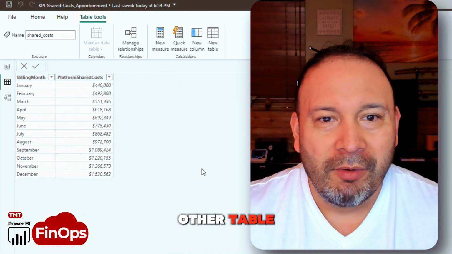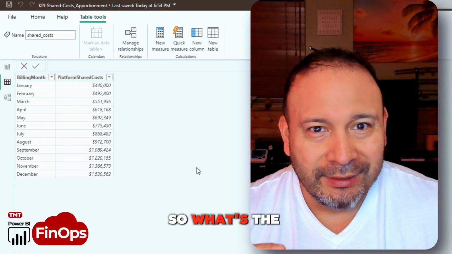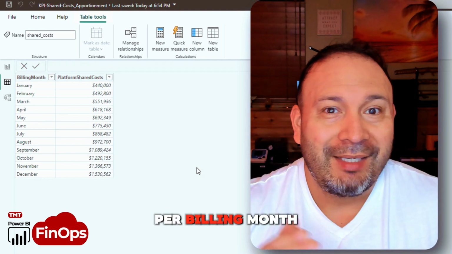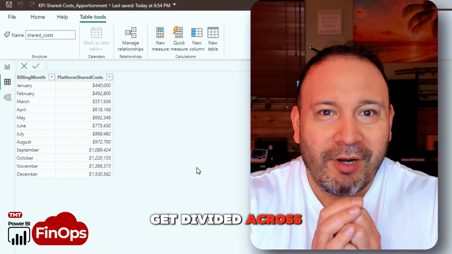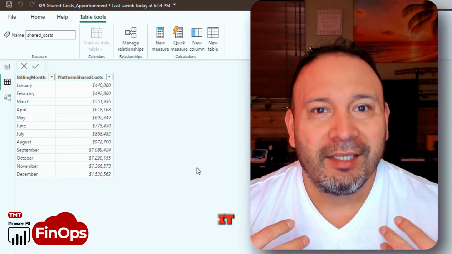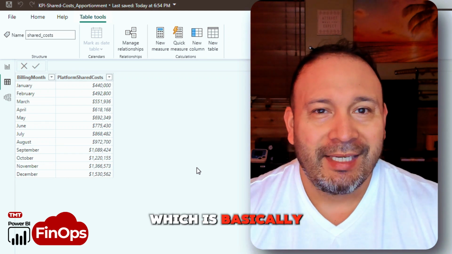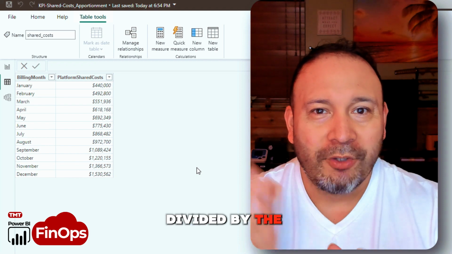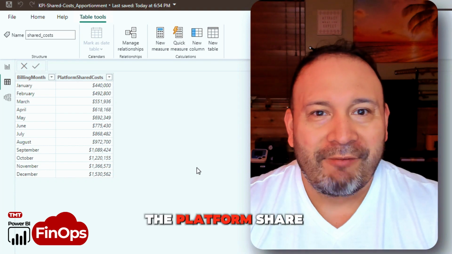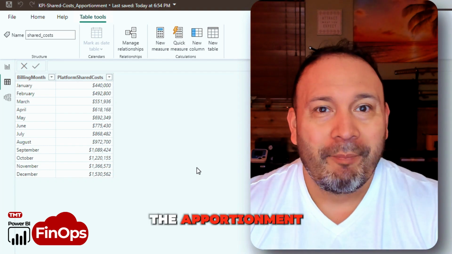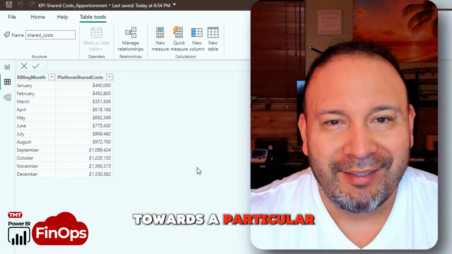And then the other table, this will be the table of what's the shared platform cost. So what's the shared cost amount per billing month that we need to keep track of, because now this is what needs to get divided across all the departments, and then it is applied to all the departments based upon that formula, which is basically taking a department's monthly spend divided by the total monthly spend, and then you multiply that by the platform shared cost, and that gives the apportionment, basically what you allocate or show back or charge back towards a particular department.